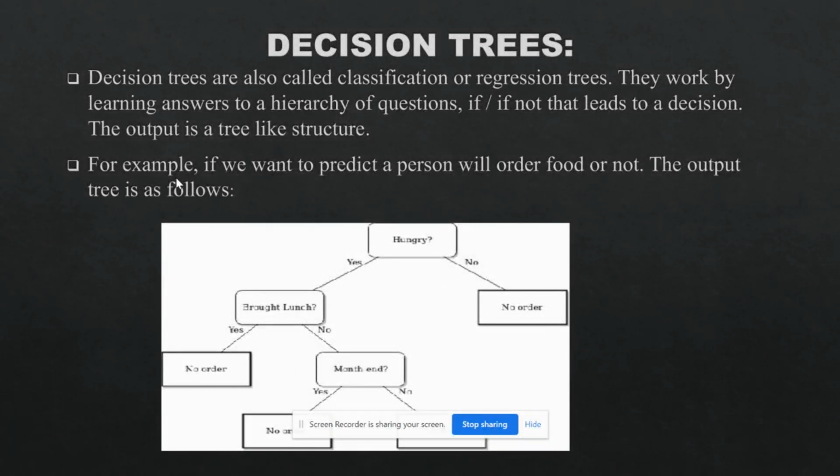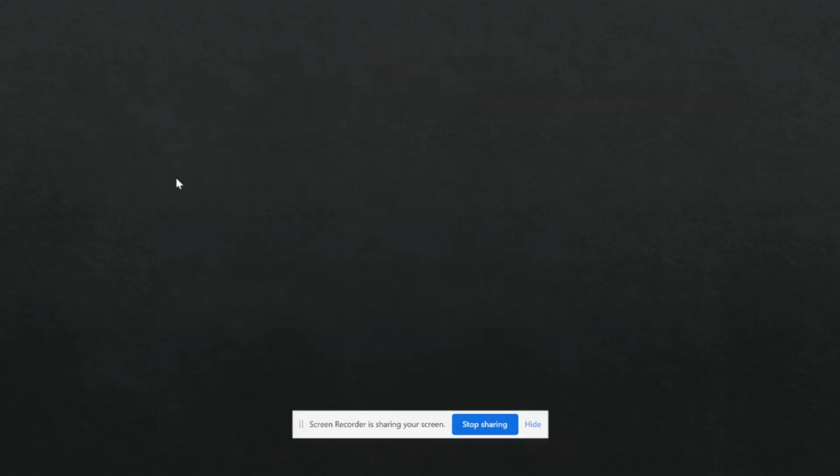If he has enough money in his bank account, he's going to order the food if he feels he needs to eat. But if he doesn't have money, probably he's not going to order the food. So that's how decision trees work. Depending on the answers you get in the root node, the children nodes' solutions depend on the parent node.